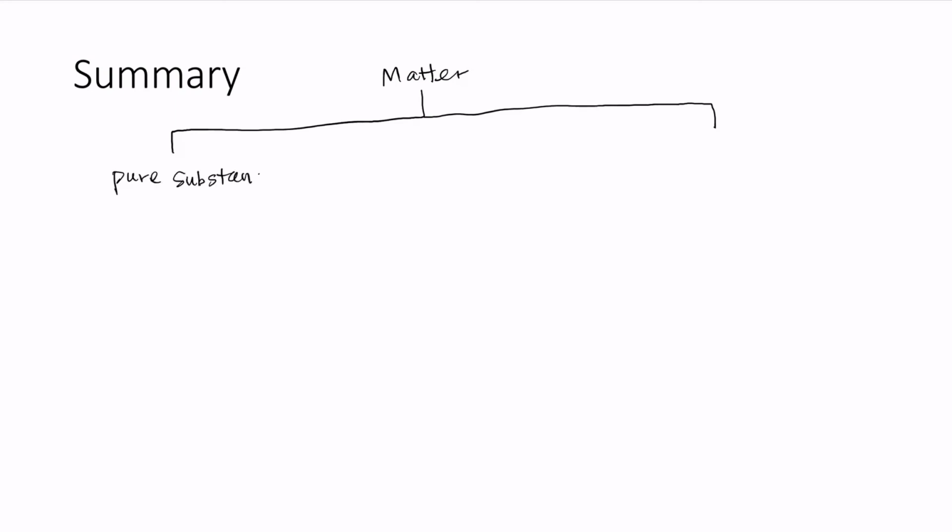To sum it up, matter is divided into two categories. The first one is pure substance, and the second type is mixture. To further characterize it, substance is divided into two different types.